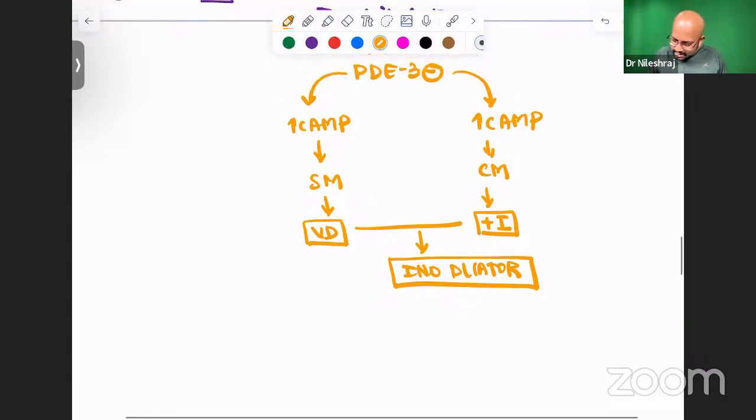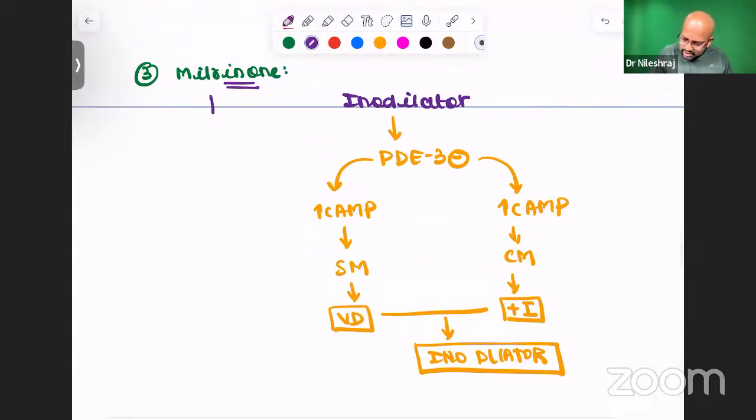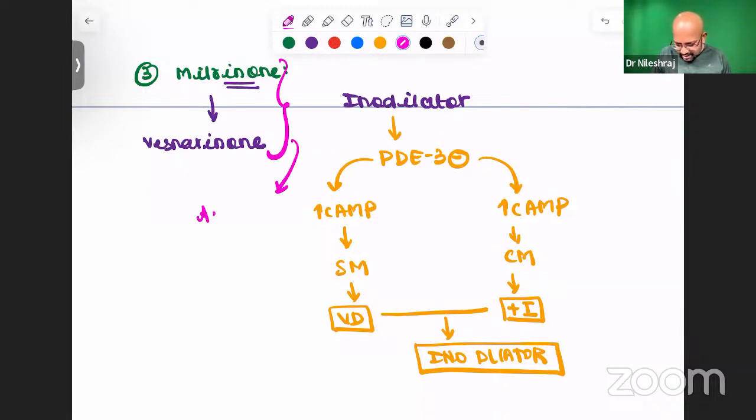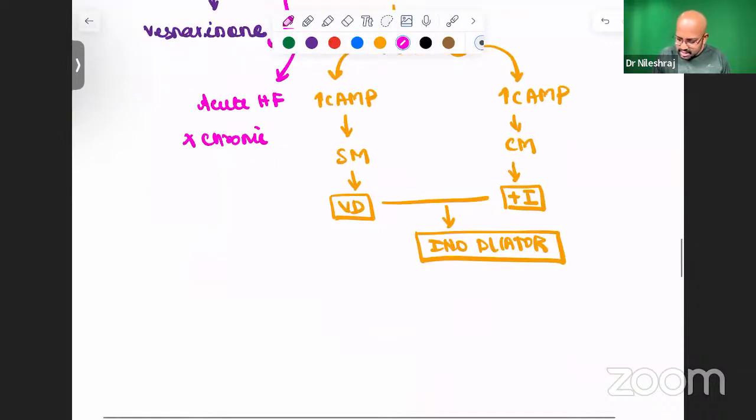Now this drug, milrinone, we also have a derived drug called vesnarinone. Both drugs are used in practice, but only for acute heart failure. They are never used for chronic heart failure. Why?